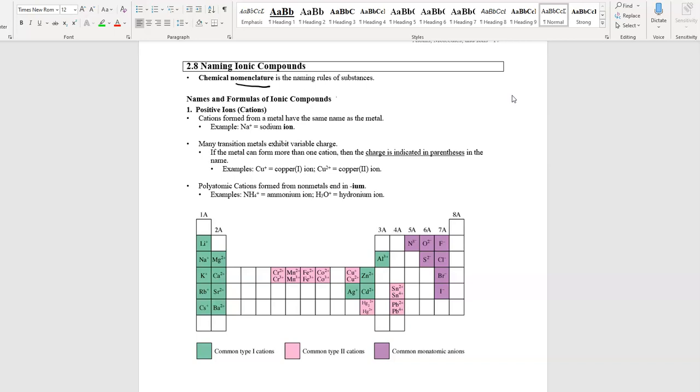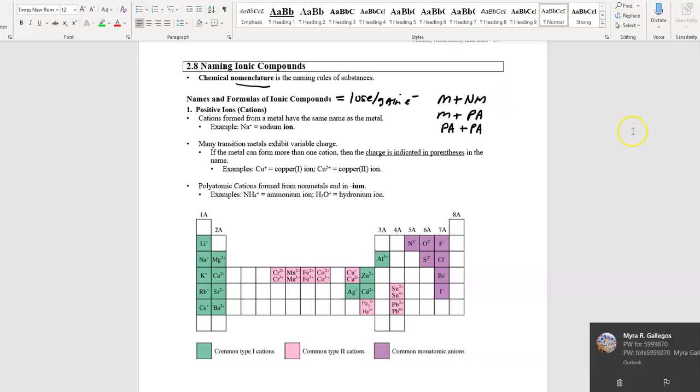And remember, ionic compounds is about losing and gaining electrons. And the type of elements that do this is usually metals and nonmetals, or metals and polyatomics. Very rarely can you actually have a polyatomic and a polyatomic, or even more specifically, a polyatomic and maybe a nonmetal.